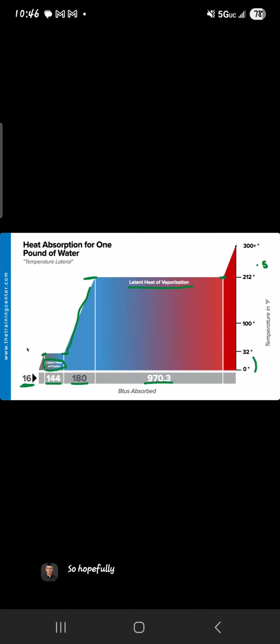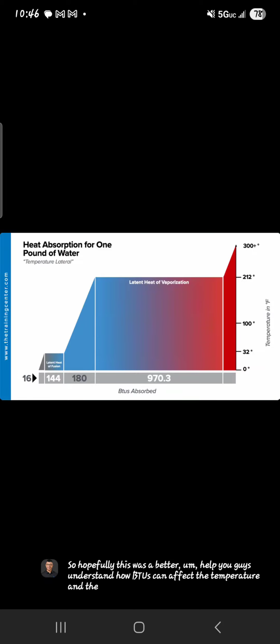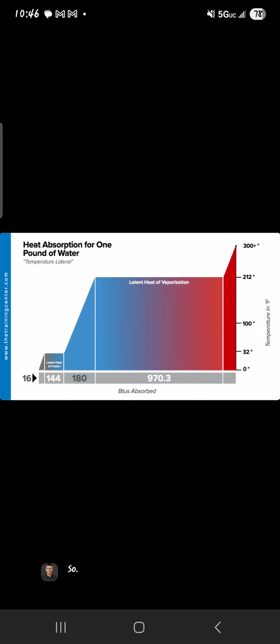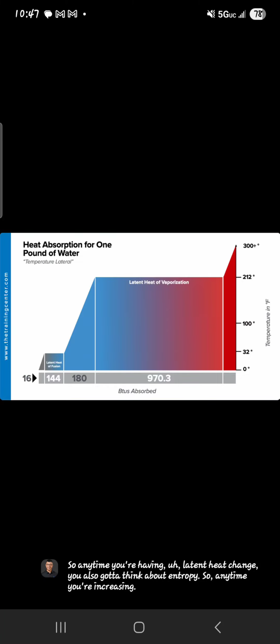So hopefully this helps you guys understand how BTUs can affect the temperature and the latent heat of fusion. Anytime you're having a latent heat change, you also have to think about entropy. Anytime you're increasing the disorder or randomness in the system, you're increasing entropy.